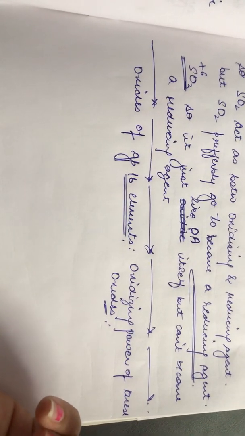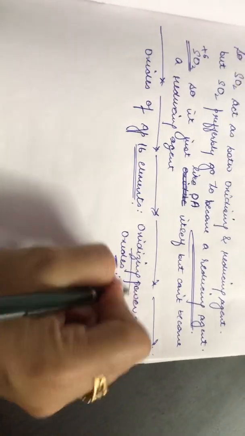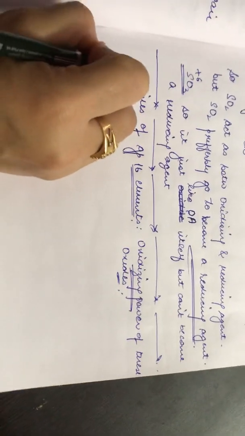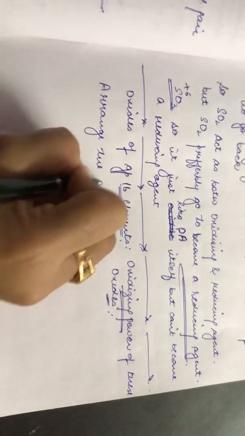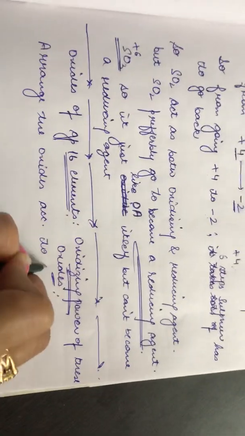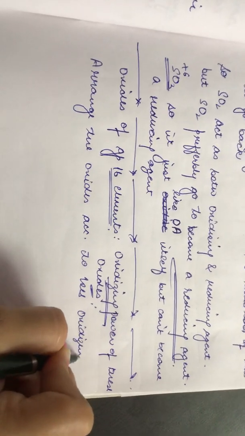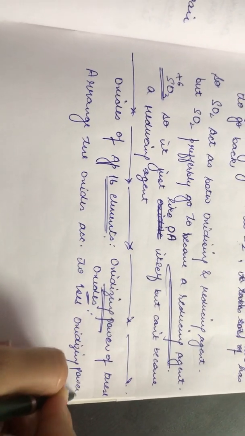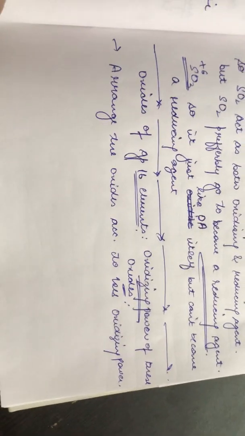So if we have to arrange the oxides according to increasing oxidizing power, how will we arrange these?